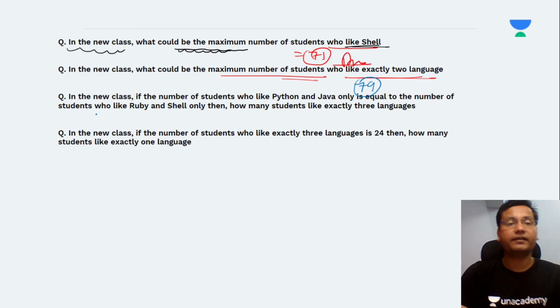Now look at this. In the new class, the number of students who like Python and Java only is equal to the number of students who like Ruby and Shell only.